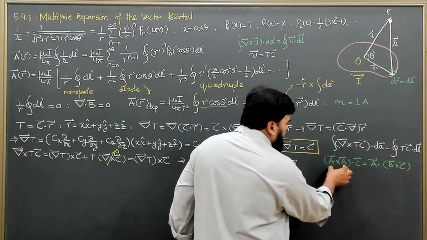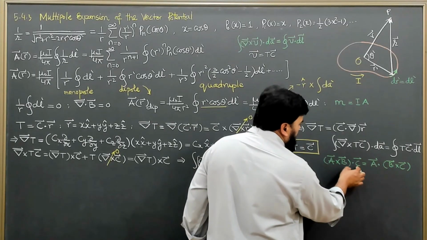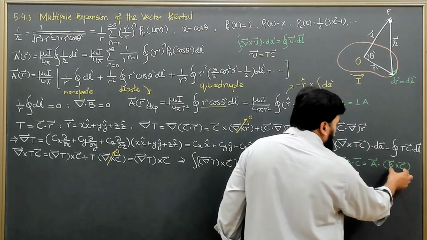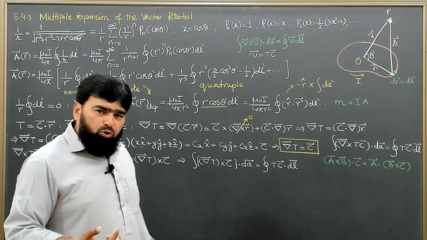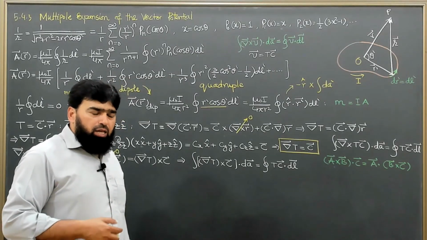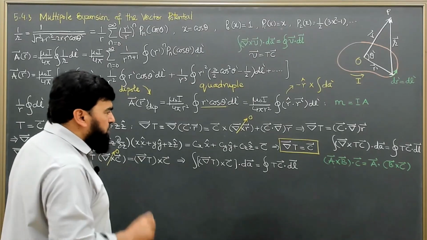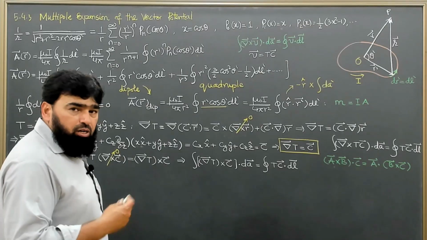Either you find the area by A cross B and multiply it with C, it will give you the volume, or you find the area of B cross C and then multiply it with A, it will give you the volume of the parallelepiped. So it is the same thing, and they are interchangeable provided we keep the order the same.